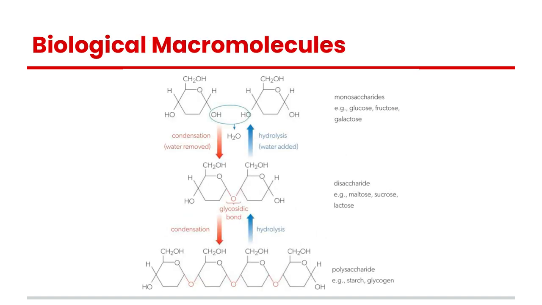Now I wanted to end off and just talk about biological macromolecules. So this has kind of come up when we looked at polypeptides, but I think it's really important to point out that all biological macromolecules are formed by condensation reactions, and they can be broken down by hydrolysis. So essentially, hydrolysis is the reverse of condensation.